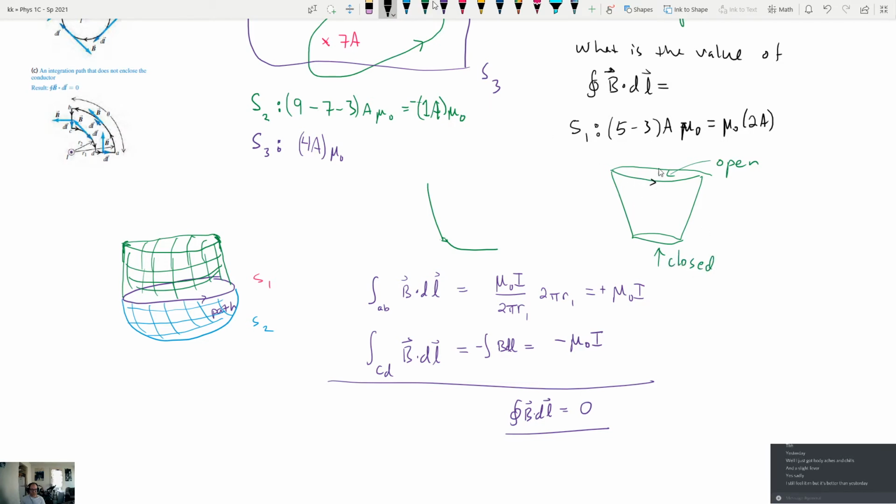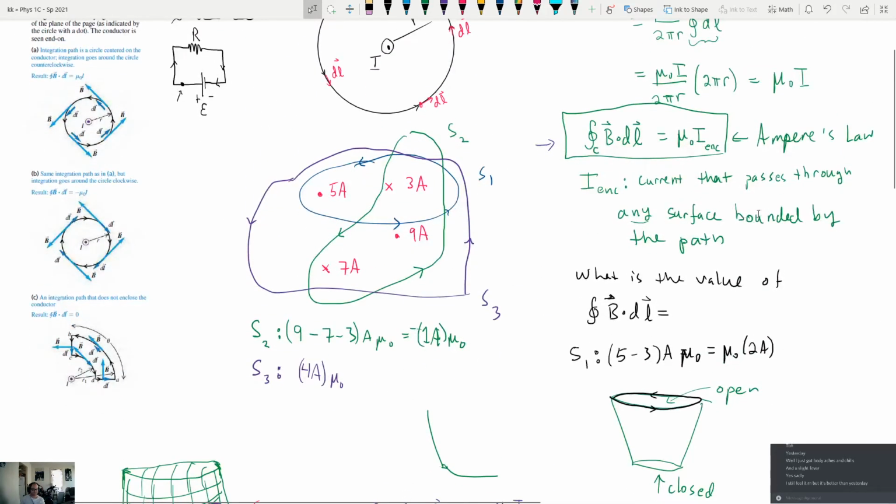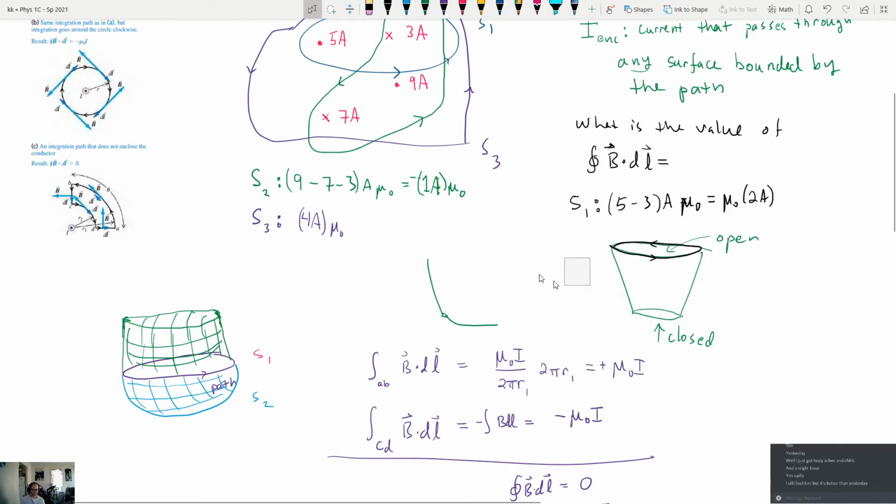If I had a path that was like this, then this other piece right here, the cup, would be a surface that's enclosed by that path, or that's bounded by that path. What did I say? Yeah, bounded by the path. Okay, does that make sense?